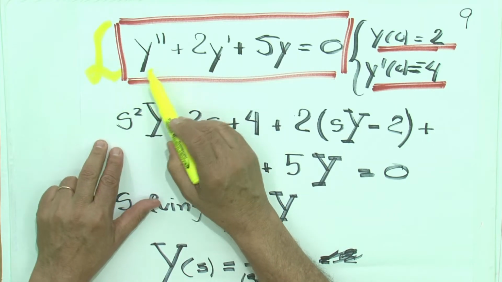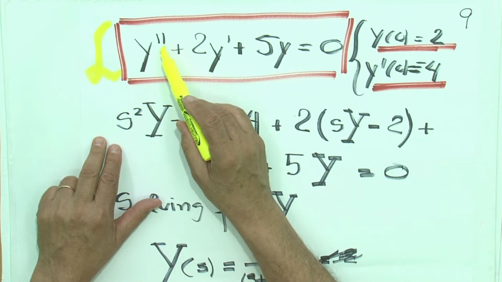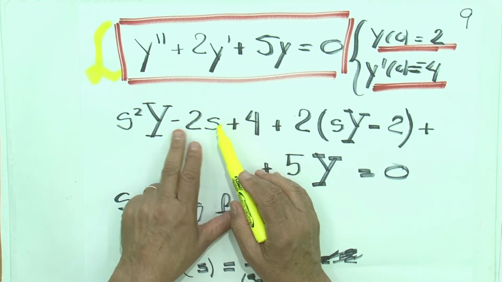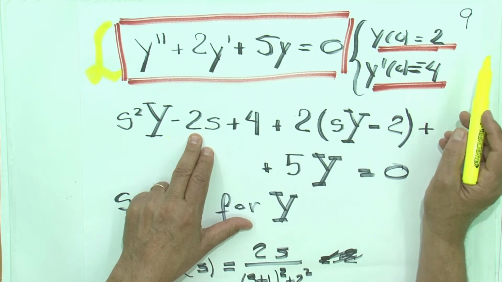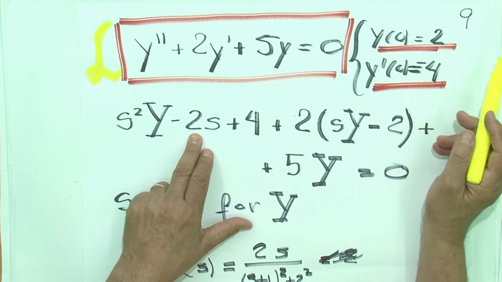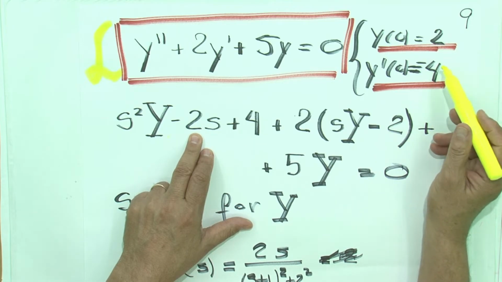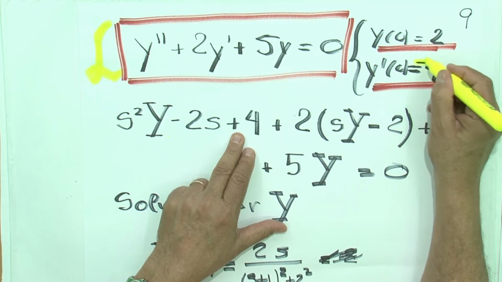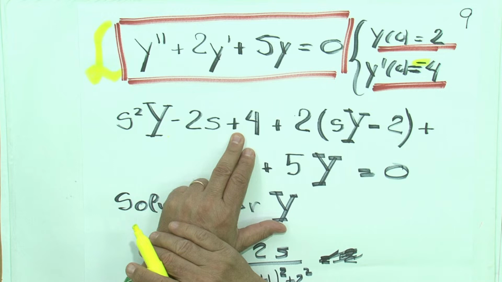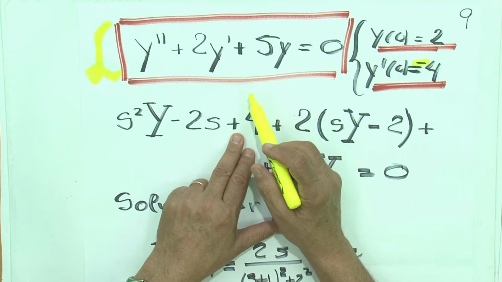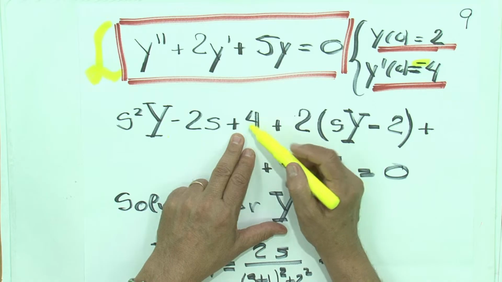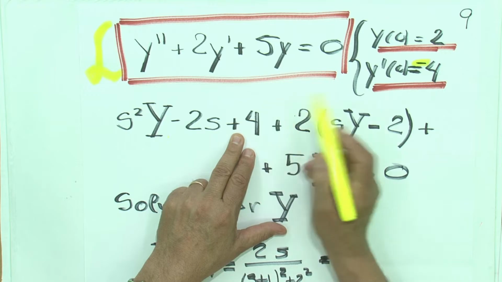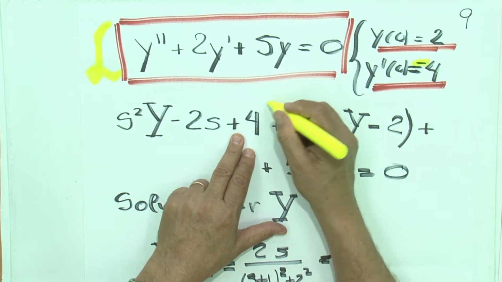Then the Laplace transform of y double prime is s squared times the Laplace transform of y, minus the value of the function at 0 times s, so it's minus 2s, and then minus the value of the first derivative, which is minus 4, minus minus 4 is plus 4.